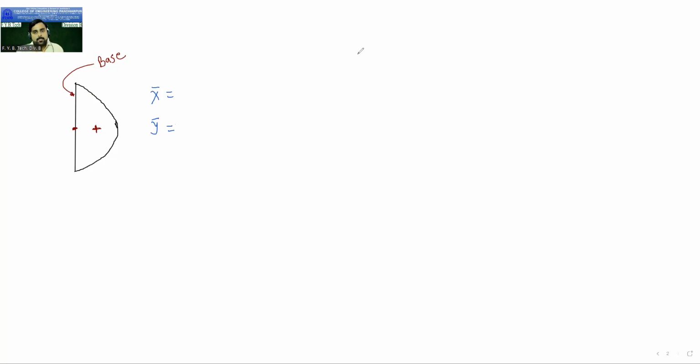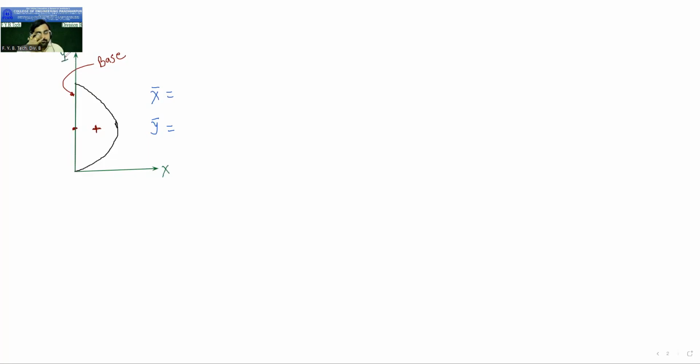Okay, we will draw the axes, then you might be able to answer. This is the x-axis which I have drawn, and this axis is the y-axis.